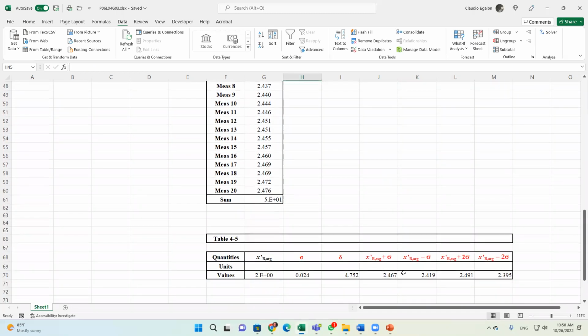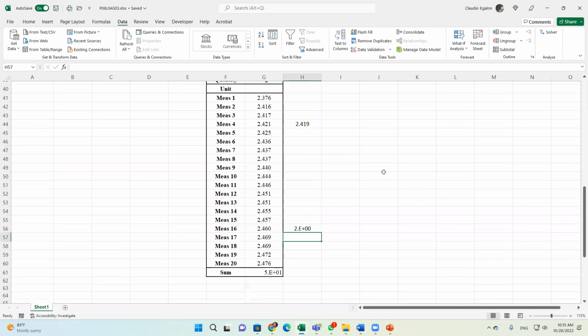And then you get the largest value, 2.467, and write it next to the lowest value.